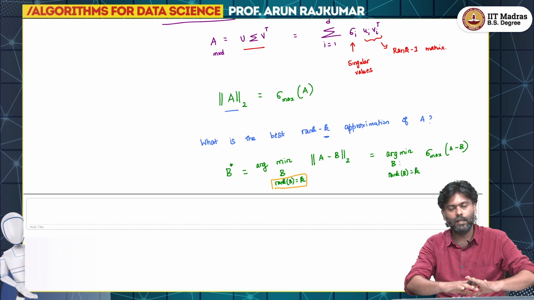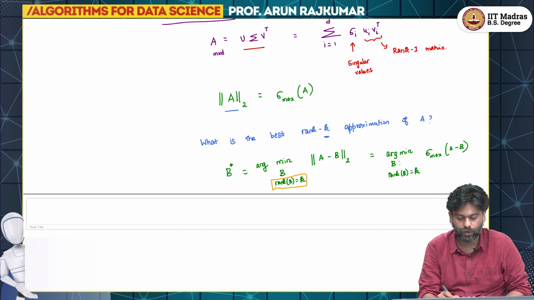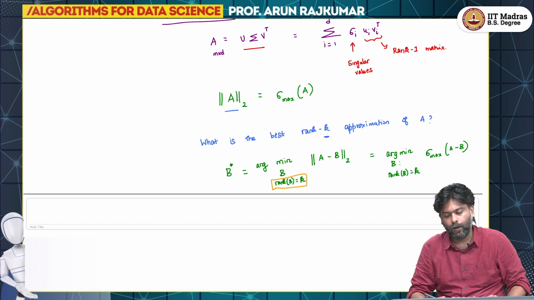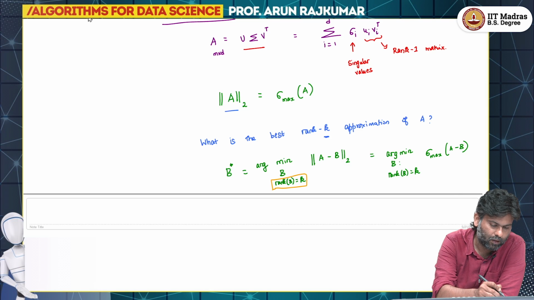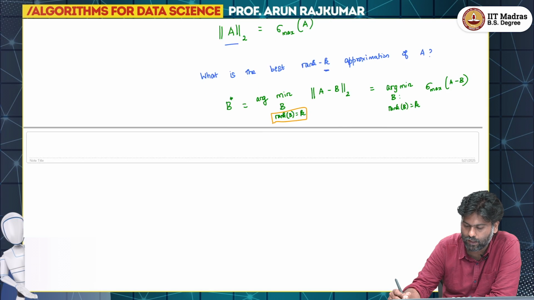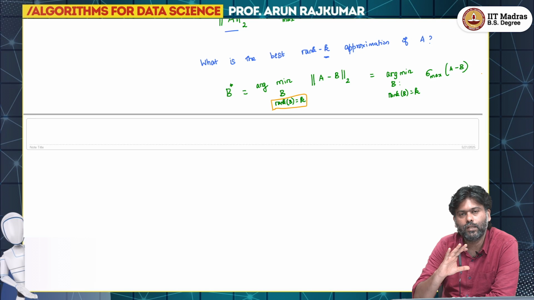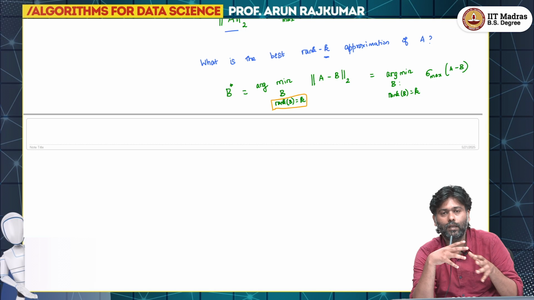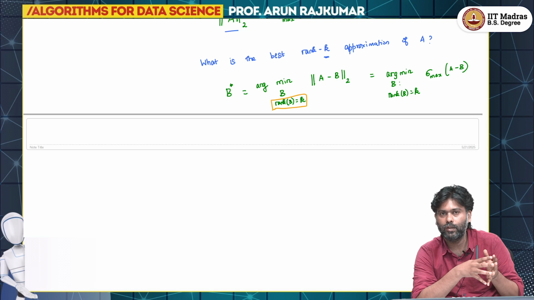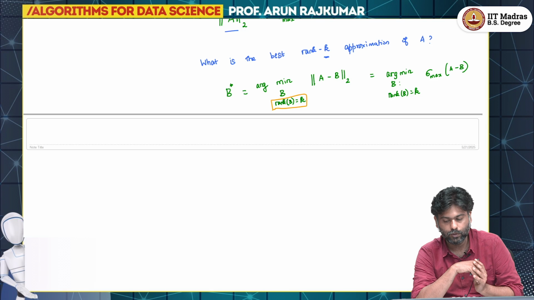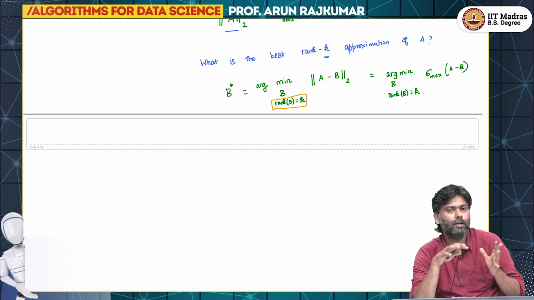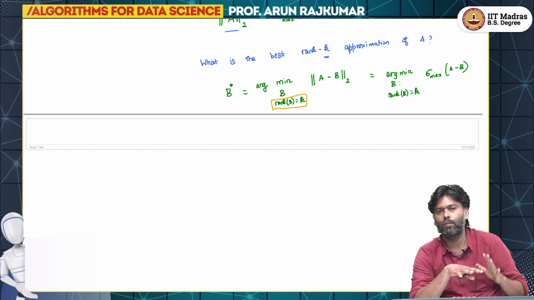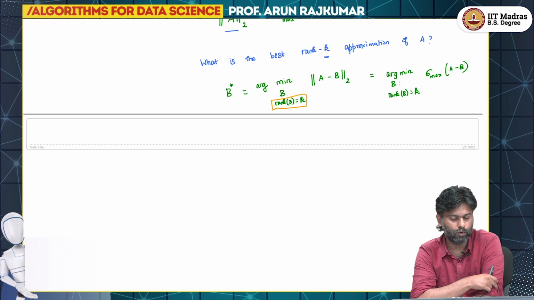It is not any simple constraint set, because the set of all matrices which have rank K does not form a convex set. So in a standard convex optimization sense, this is not an easy problem to solve. But the great result of linear algebra is that this is in fact an easy problem to solve, and the actual result for this is given by the singular value decomposition that we already know.